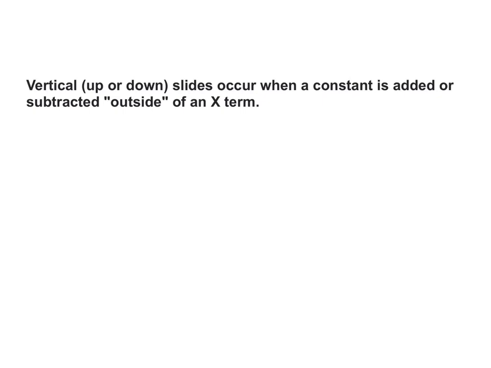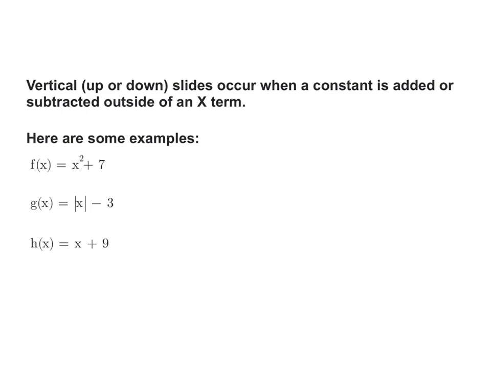Because I'm going to show you some examples, and these are examples of outside. And it has to do with absolute value, it has to do with parentheses, it has to do with order of operations, which makes it sort of outside. Let's take a look here. Here's some examples. So notice here that the plus 7 is not included in the squaring.